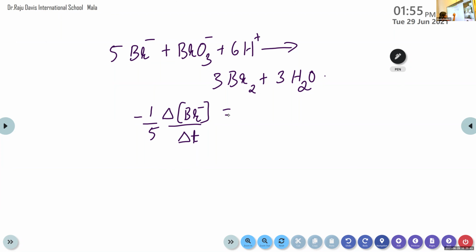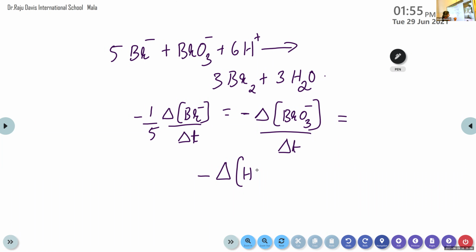Here it is reactant, right? So it is minus delta concentration of BrO3 minus by delta T, that is equal to minus delta concentration of H plus by 6 delta T.